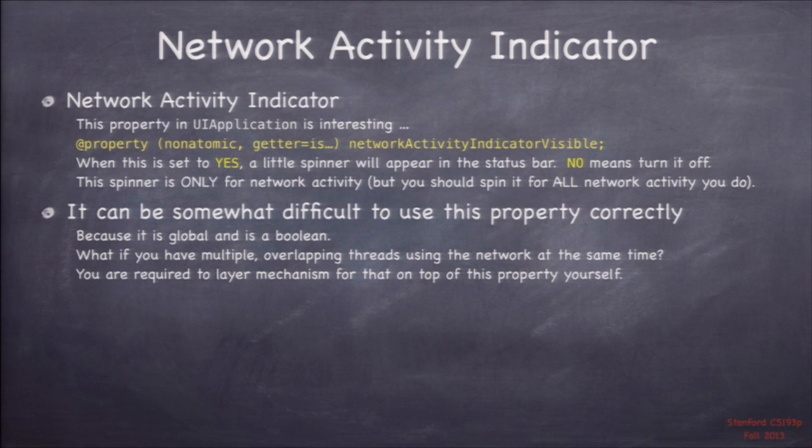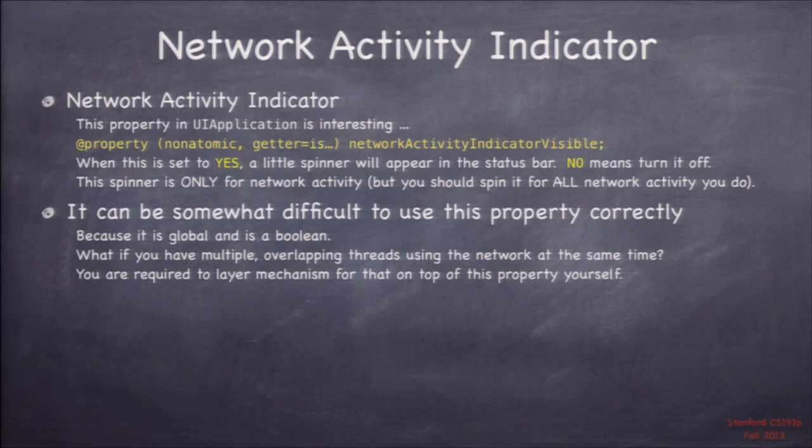Then in another thread, you fire off a little Flickr fetch. It's only going to take 1 second. It turns this on, 1 second goes by, it finishes, and it turns it back off. Now it's off, but the 10-second one is still running. That's bad. So it's totally up to you, unfortunately, to put a mechanism in your app for dealing with that unfortunate simplicity of API.